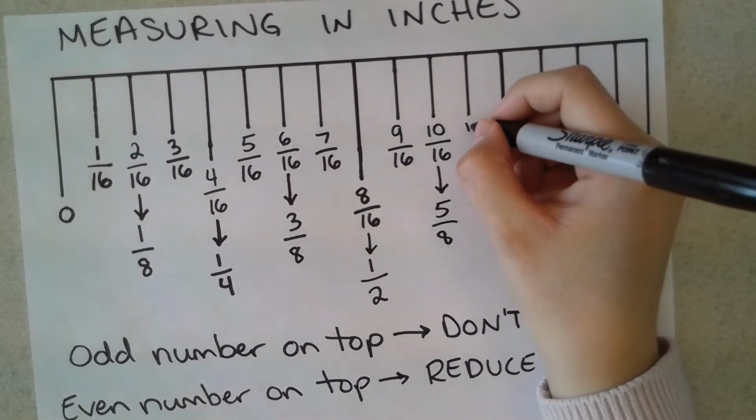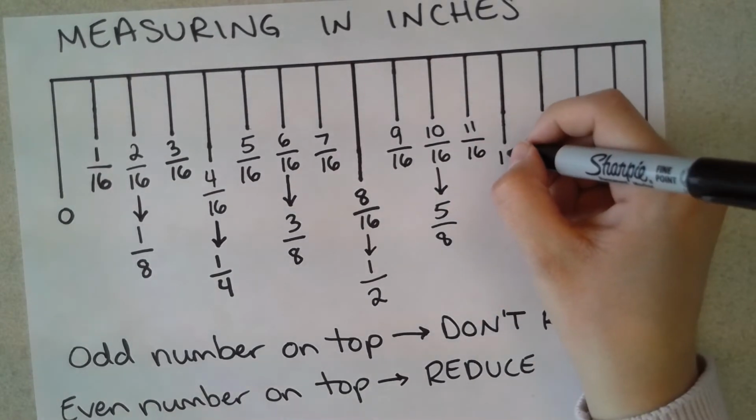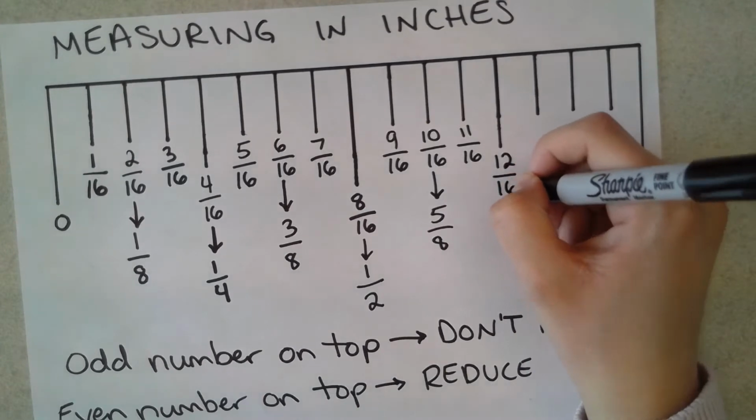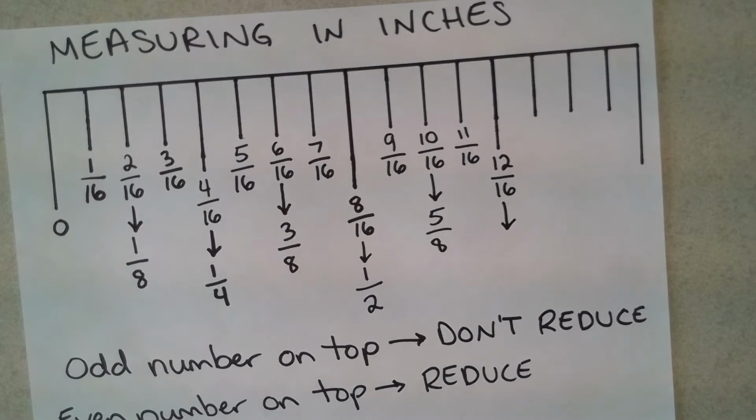Then we have 11 over 16, followed by 12 over 16. Reduce that one, of course, and we can divide that one by 4.